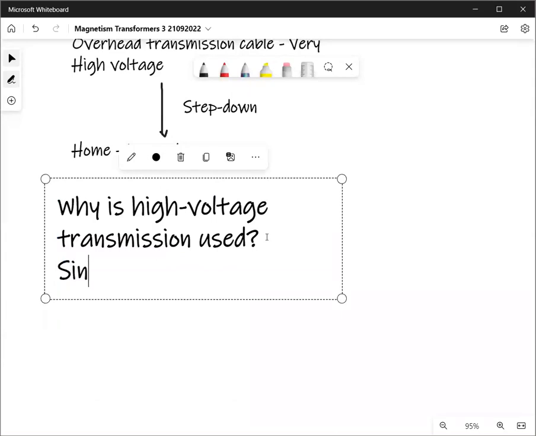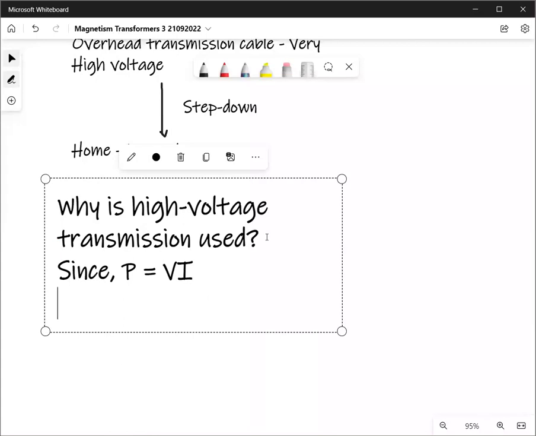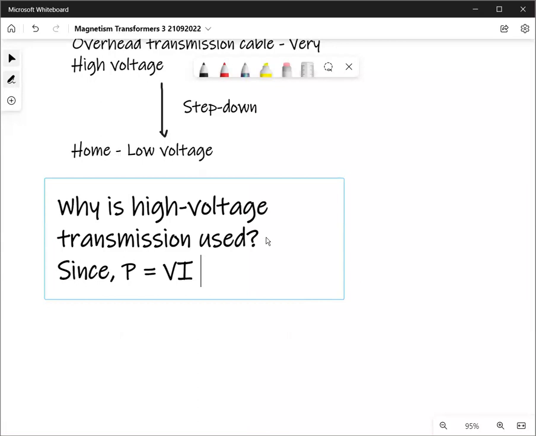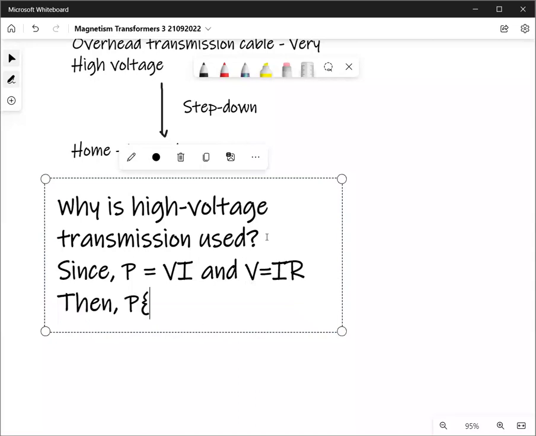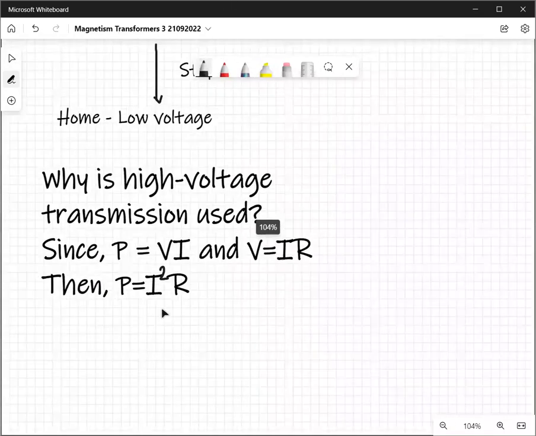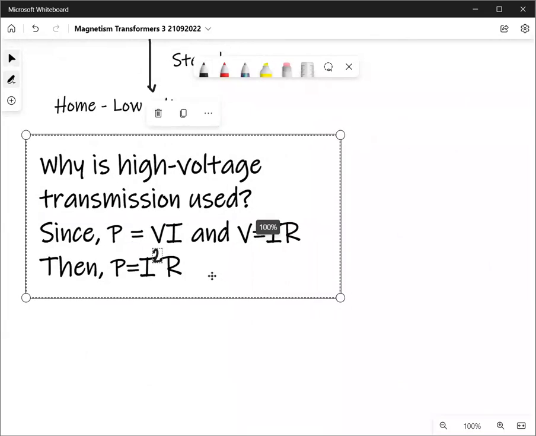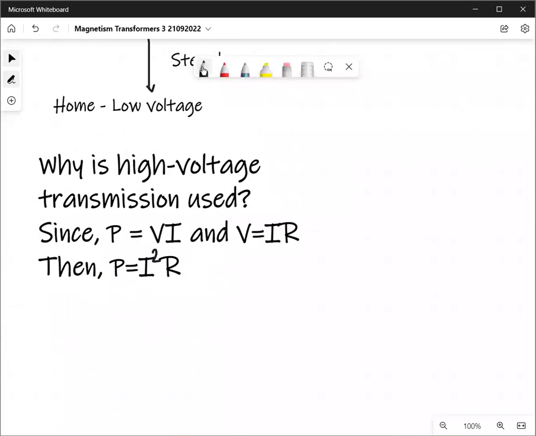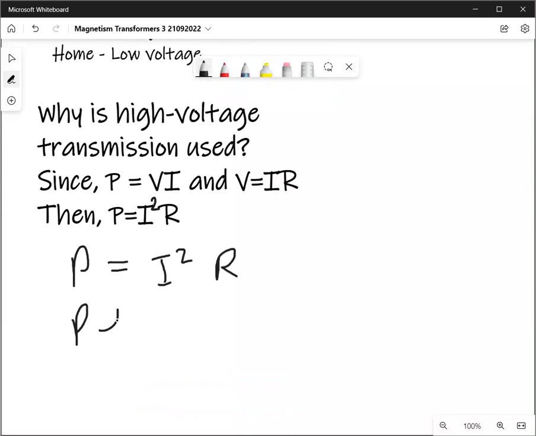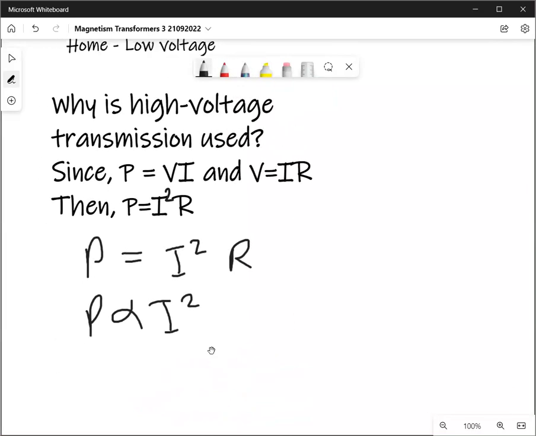Now, since the answer is this, since P equals VI and V equals IR, then P equals I squared R. Next thing, is there I squared or I square R?